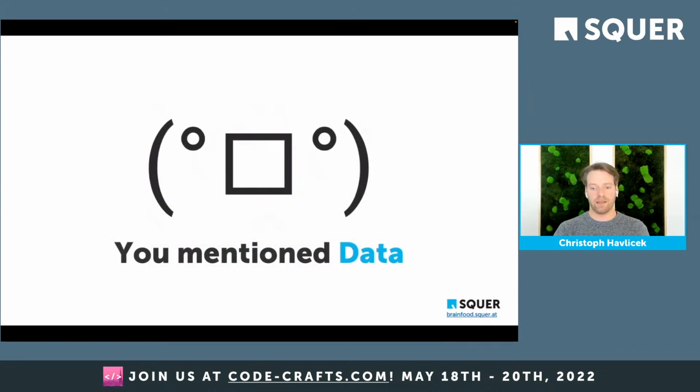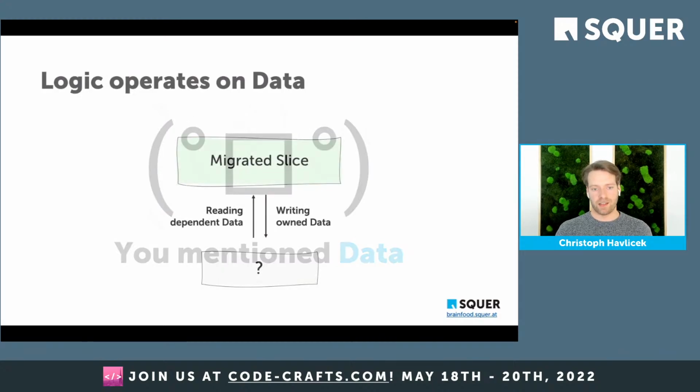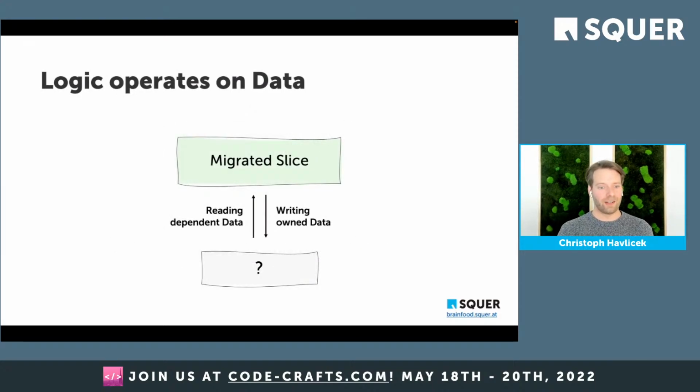So I mentioned data. Let's jump to the topic of how to handle data during these kinds of decompositions. As you probably already know, all your logic operates on data. So the migrated slice that we are going to reimagine or take out of the monolith also will require data.